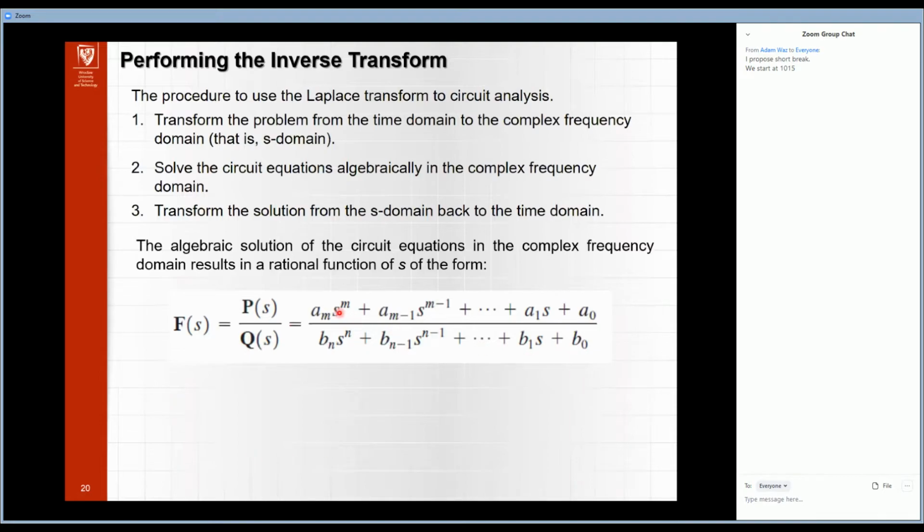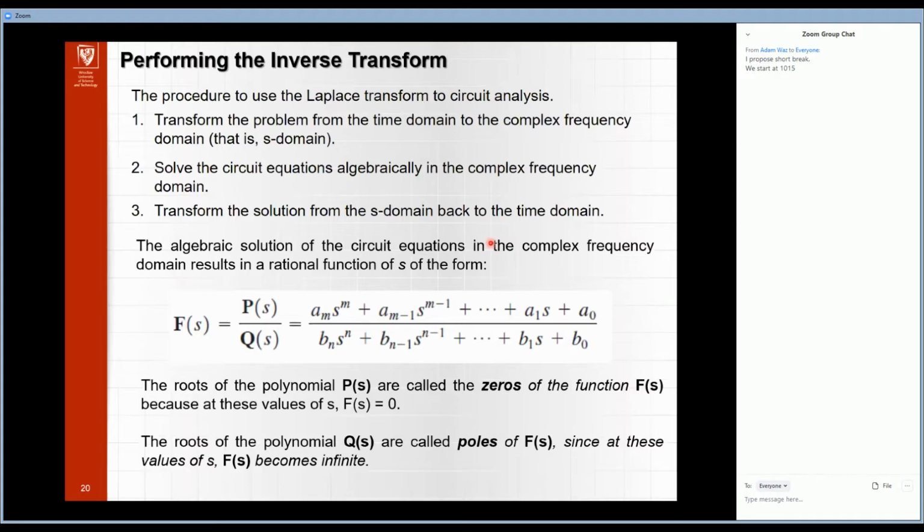So we have some polynomials here, and the roots of the polynomial P(s) are called the zeros of the function F(s), because at this value the function F(s) is equal to 0.